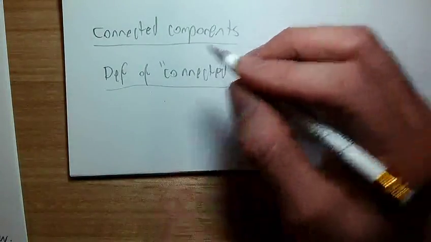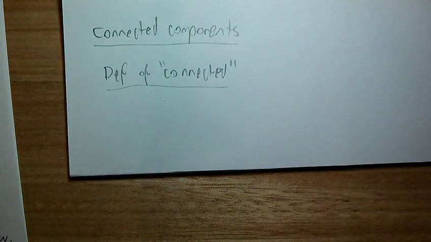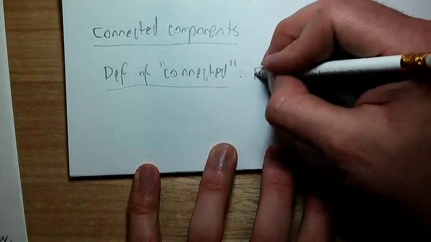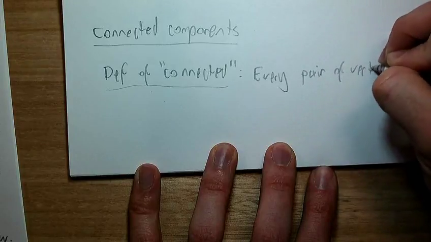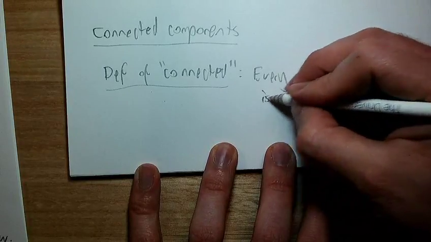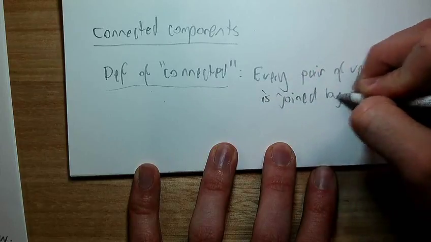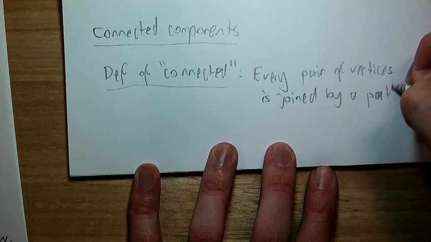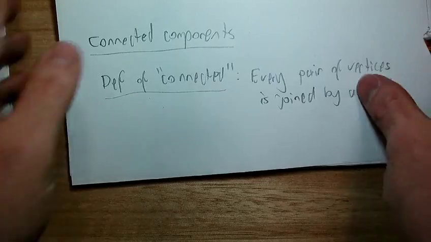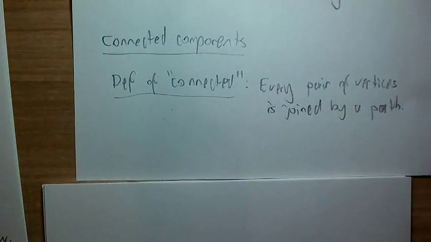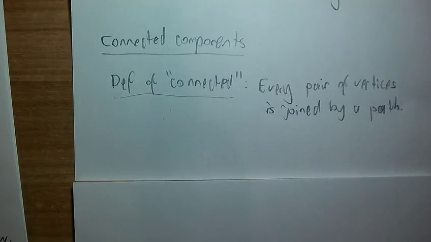So connected means, the definition says that every pair of vertices is joined by a path. Yep, every pair of vertices is joined by a path. That's what connected means. And the connected components are the parts of it that are connected.